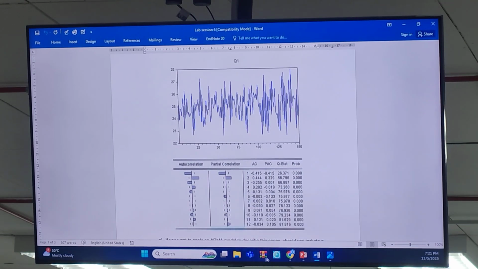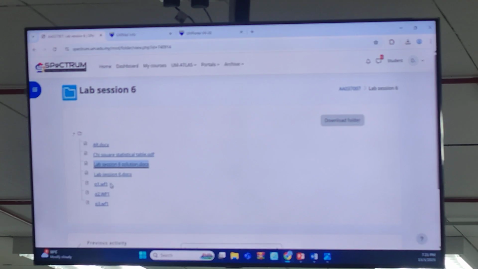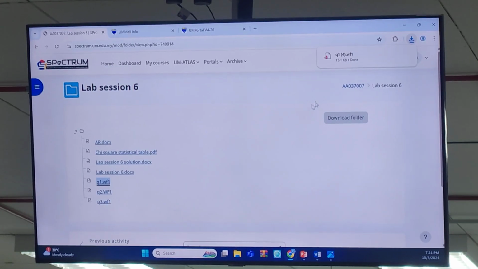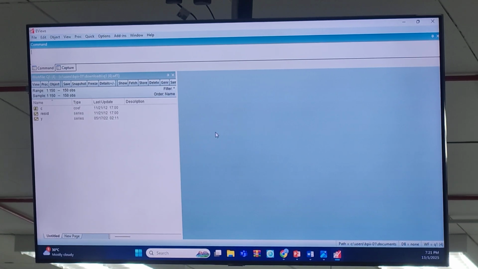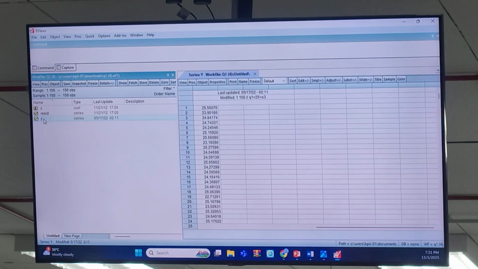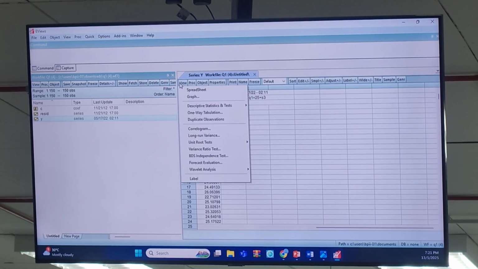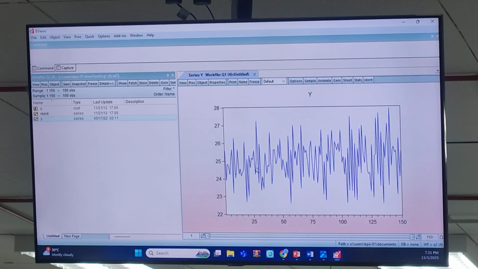So this is the Q1 data. How to check the series? You open this, click the series Y, and then go to View, produce the graph, and have a look at it.